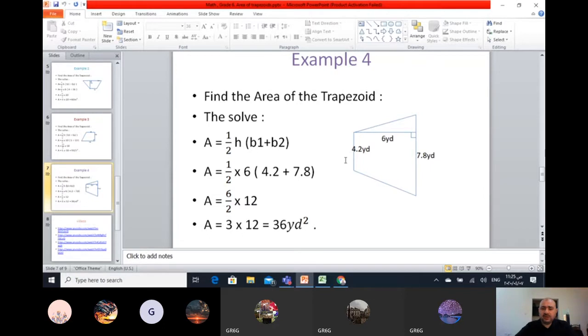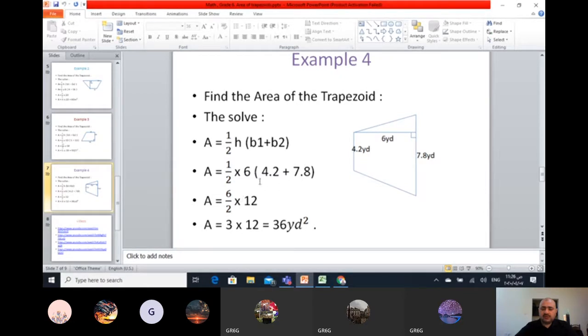The value of B1, as you see here, is 4.2. So write 4.2 plus. And the value of B2 will be what? 7.8. So write here 7.8. Now, I can write here 6 multiplied by 1 over 2. 6 times 1 will be 6 over 2.